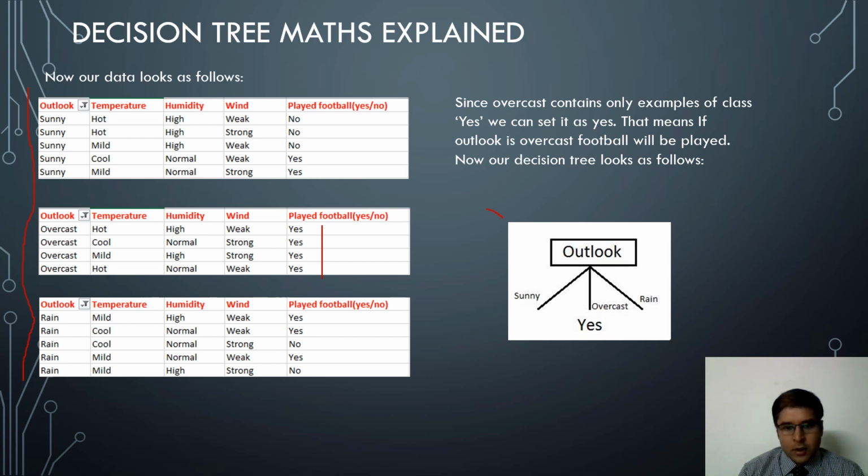The main node is Outlook here. Sunny and rain are still to be decided, and if it is overcast, it is a yes. As you can see, for sunny there are 3 no's and 2 yes, and for rain it is 3 yes and 2 no's here.